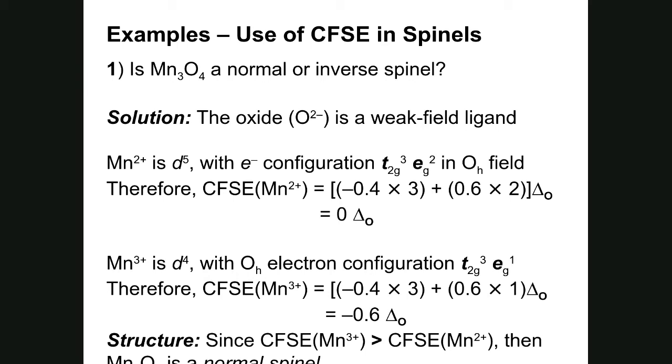And you see that you've got minus 1.2 plus 1.2, and that gives you 0. So it means there is essentially no crystal field stabilization energy associated with the manganese 2 plus in this one. So it doesn't have a preference for a specific site. It's going to be forced to be there in any case.